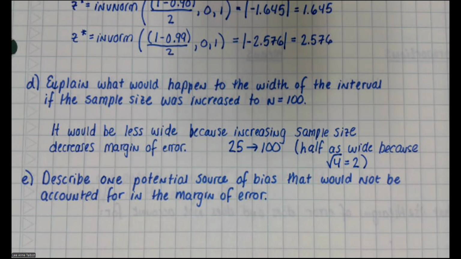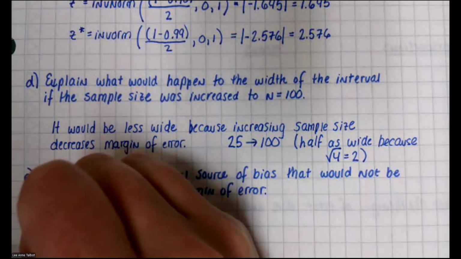Okay, what is the screaming source of bias in this particular example? Think back to your chapter 4. Okay, what is that called? Desire to please bias.